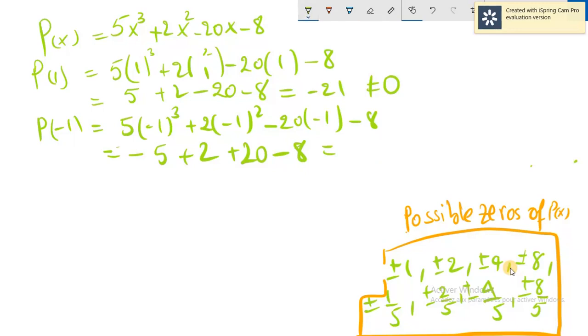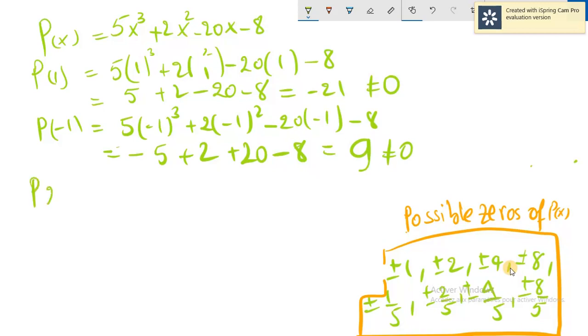Negative 5 plus 2 is negative 3, plus 20 is 17, minus 8 is 9, which is not equal to 0. Since it doesn't cancel out our polynomial function, negative 1 is not a real zero.